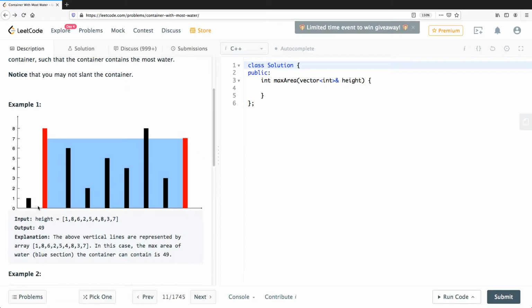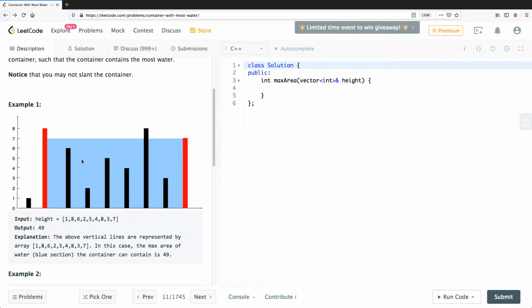That's the x-axis distance between the leftmost and the rightmost, multiplied by 1. So that would only give you 8. But if you take the one that he has shown you here, in that case it will be 7 times the height of the last one. So that's 49, and that's why it's coming out to be 49.